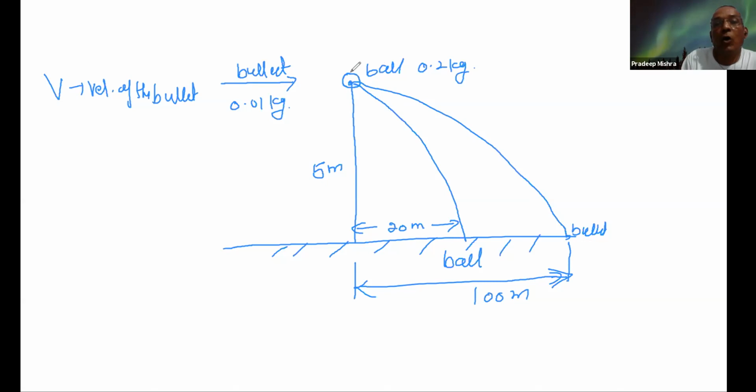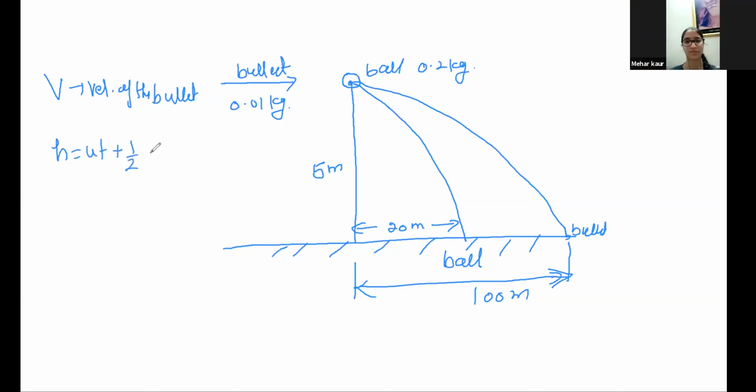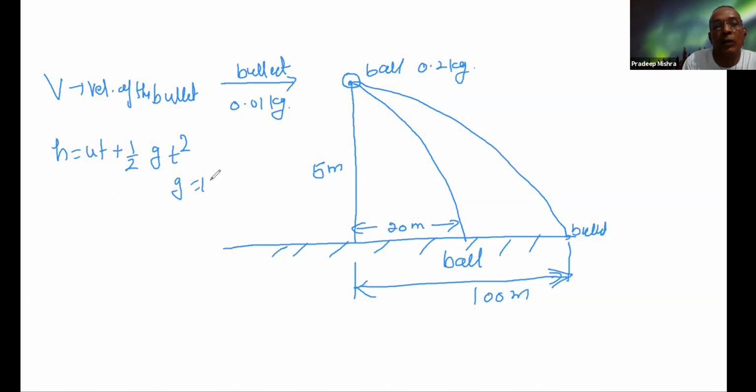So, you know the ball is here. You have heard this formula, h is equal to ut plus half g t square. The height is 5 meter. g I will take as 10 meter per second square for calculation.